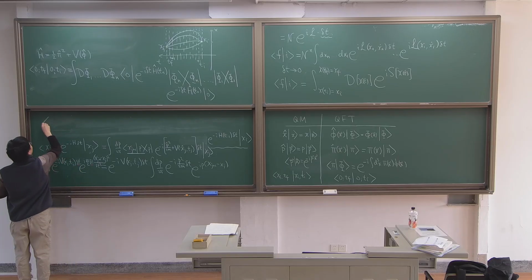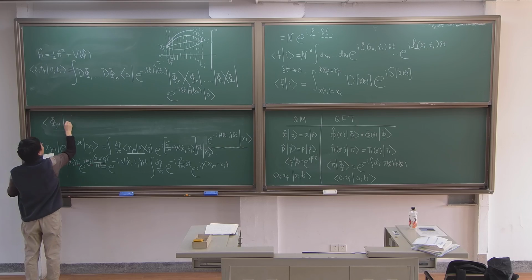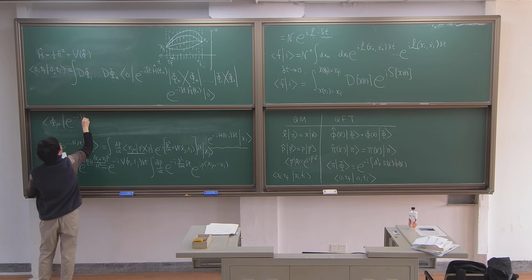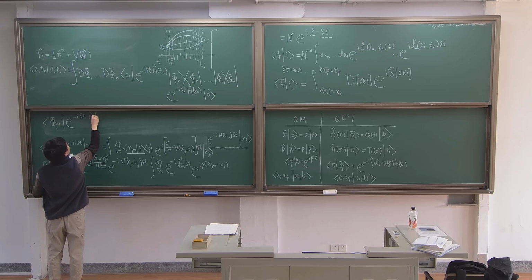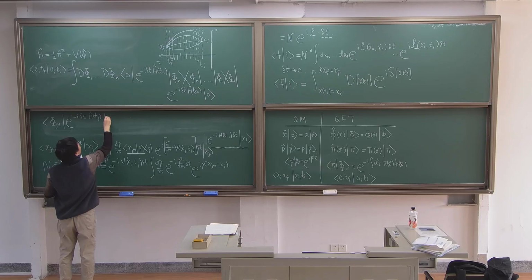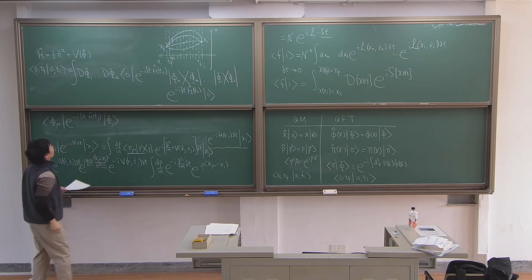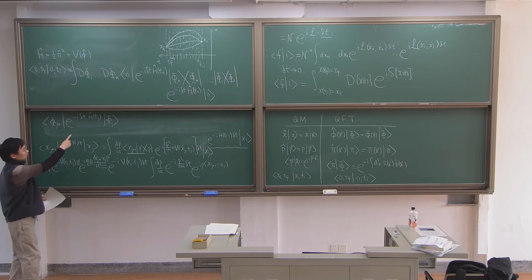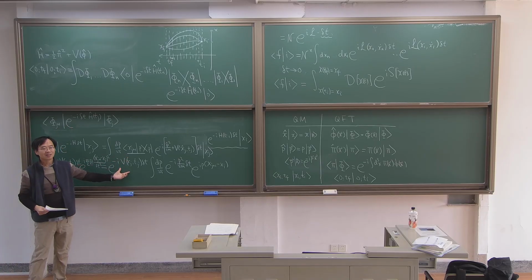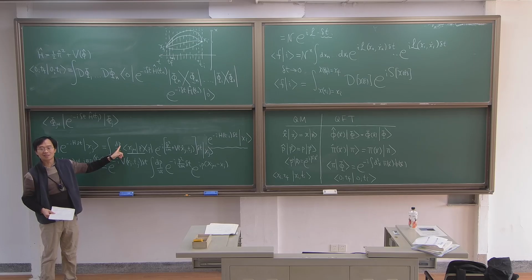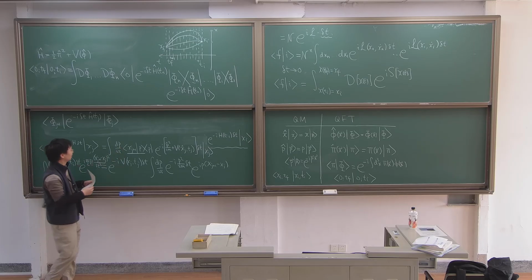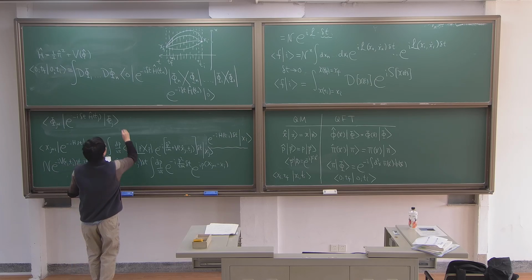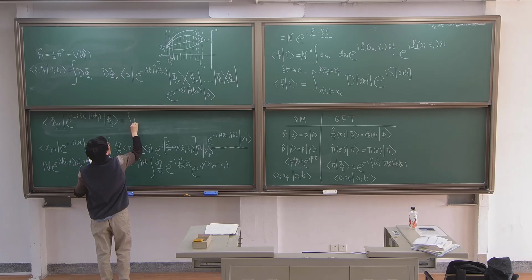The question now is how can I compute this phi_{j+1} e to the minus i delta t h hat t_j acting on phi_j. This is the analog to asking this question, right? See, really the same. So how to compute this one? Just follow the procedure here. Just replace all the p states by pi. That's it. Same thing. So yeah, you insert all this pi.